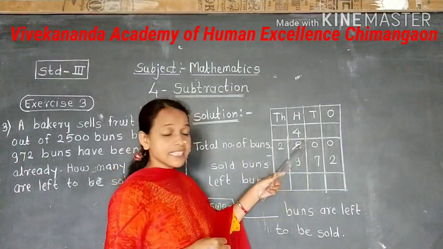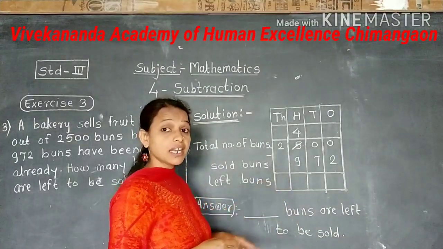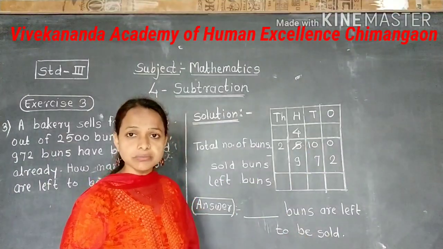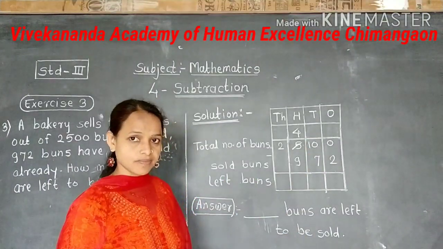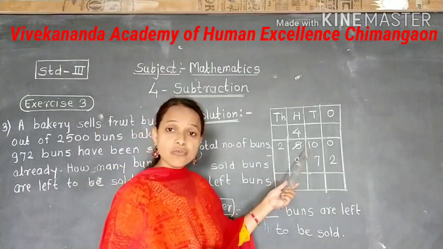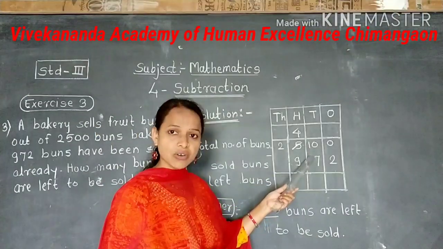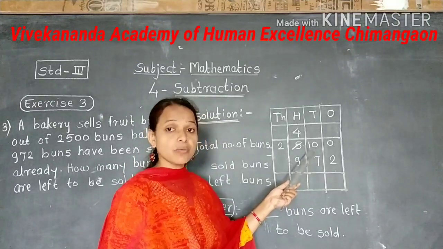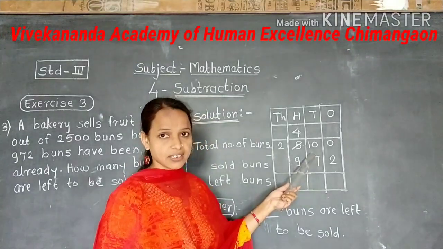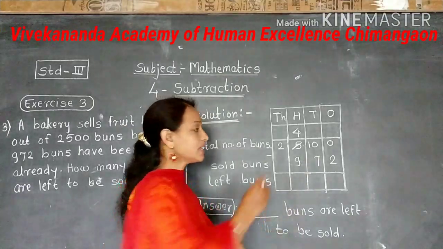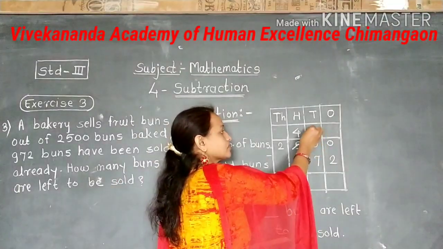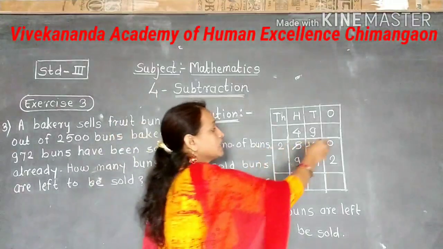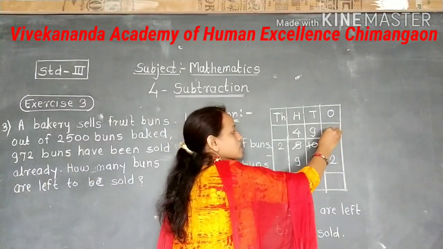And here 0 becomes 10 tens. Now we can borrow from tens because we do not have enough tens. Now from 10 tens we borrow 1 ten. 10 minus 1 is 9. And here 0 becomes 10 ones.